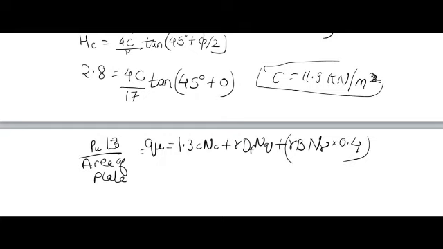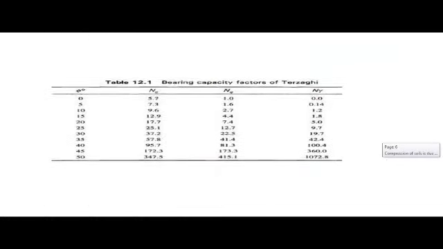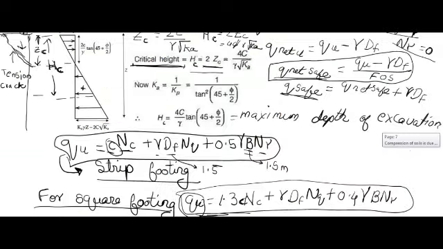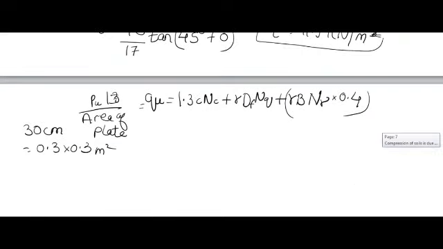Since it is a 30 centimeter square plate, we can consider the area as 0.3 into 0.3 meter square, correct? And the ultimate load PU in the problem, which they got while performing this test, is 13.5 kilonewton.